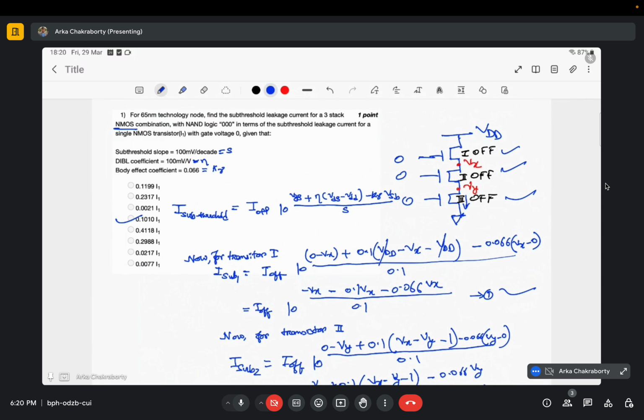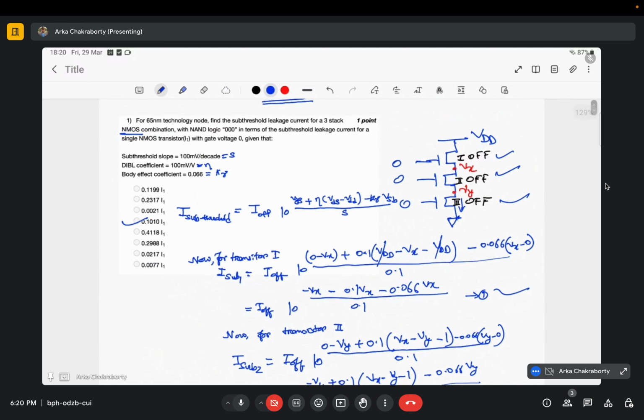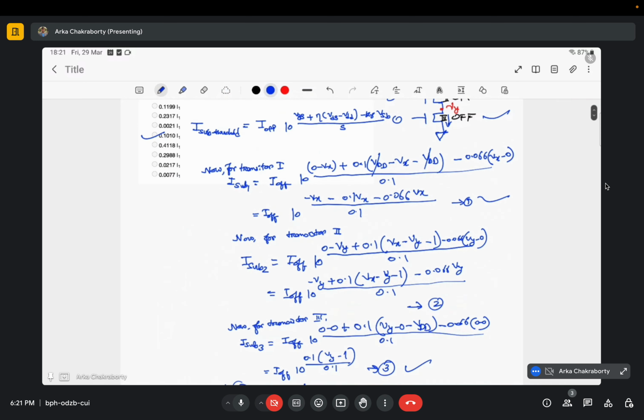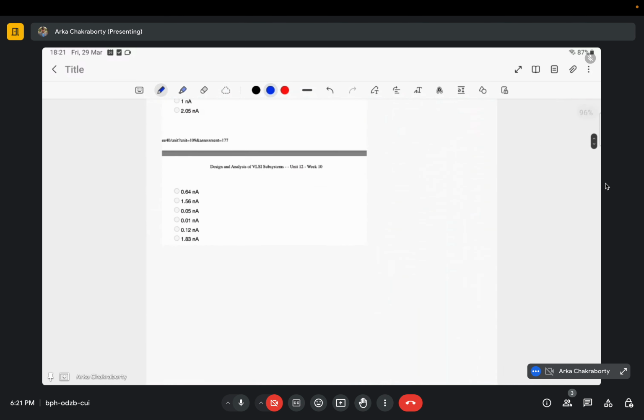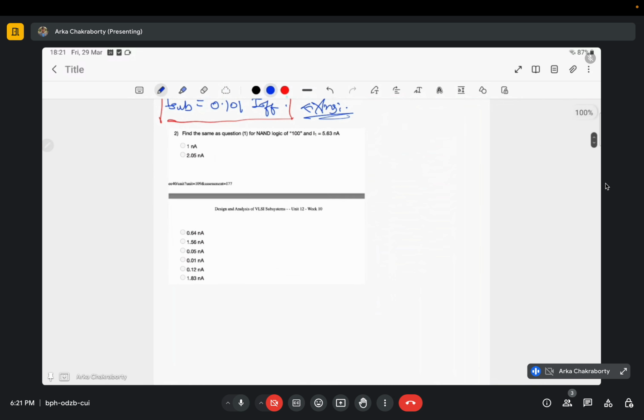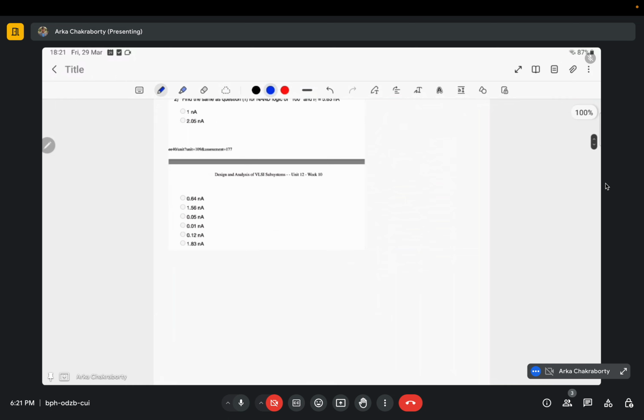Okay, fine. If it's clear, let's move to the next question. Question number 2. Find the same as question 1 for NAND logic of 100 and I1 5.63 nanoampere. Everything, all the parameters remain the same, only now I have been given the NMOS stack.